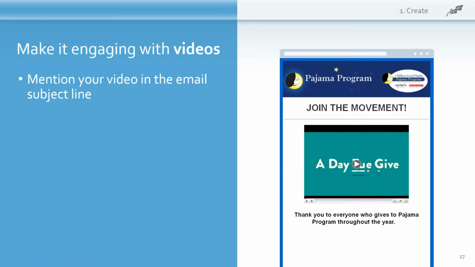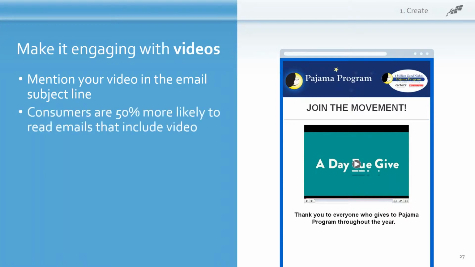And in fact, 50% of people are more likely to open up and read the email if they know there is a video in there. And the videos you're using, make sure they are under 90 seconds. That's about the time people have to fill out things.